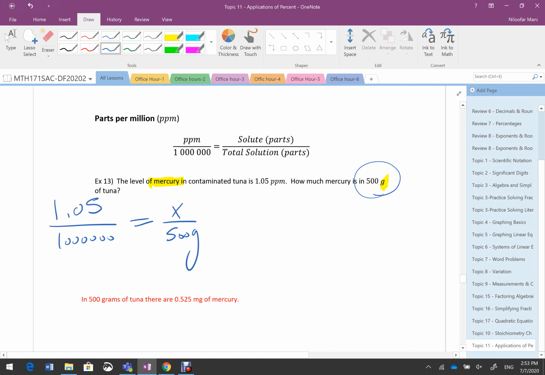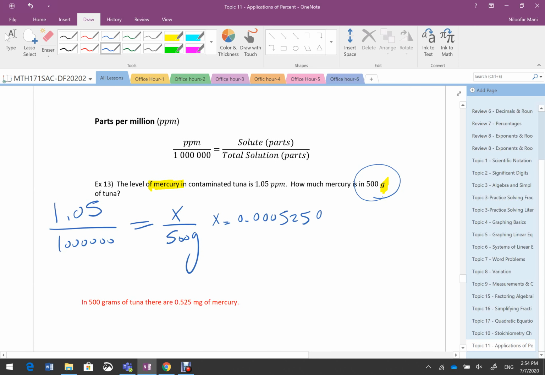I can find the answer. So X is 0.000525 gram mercury.